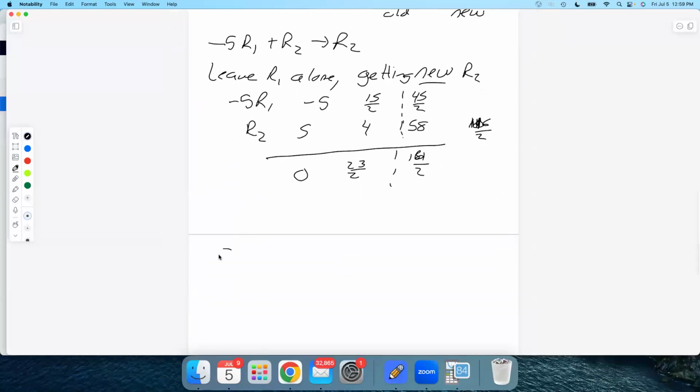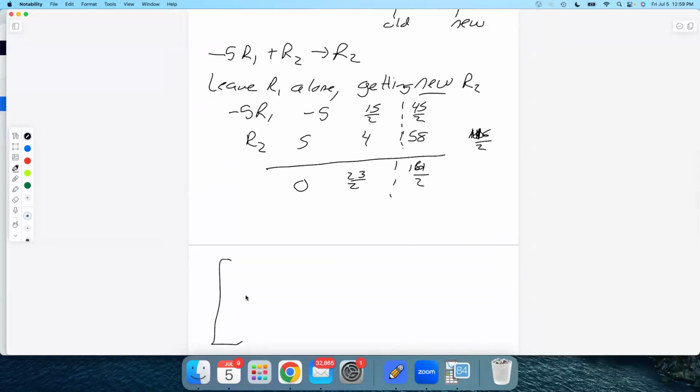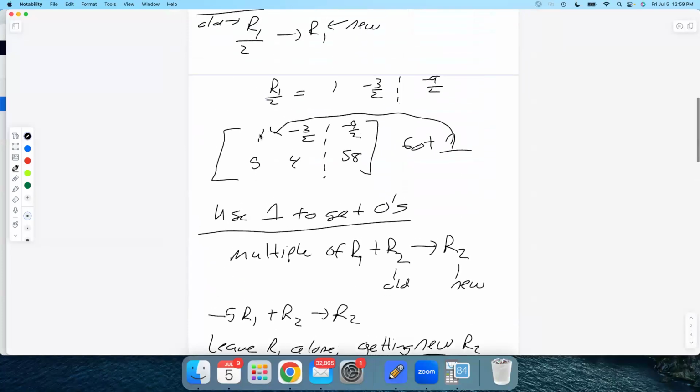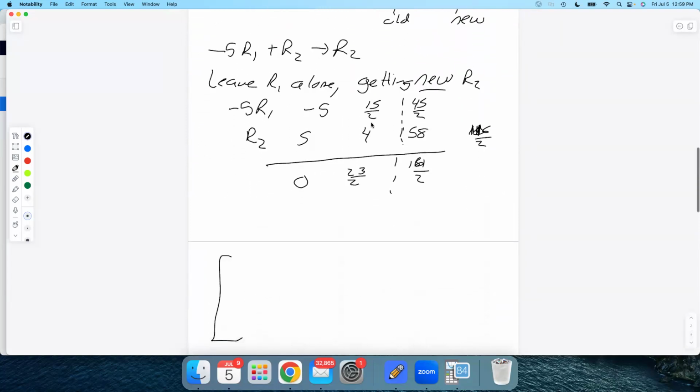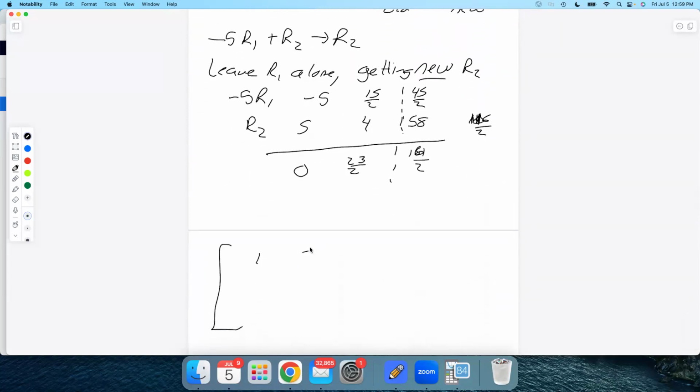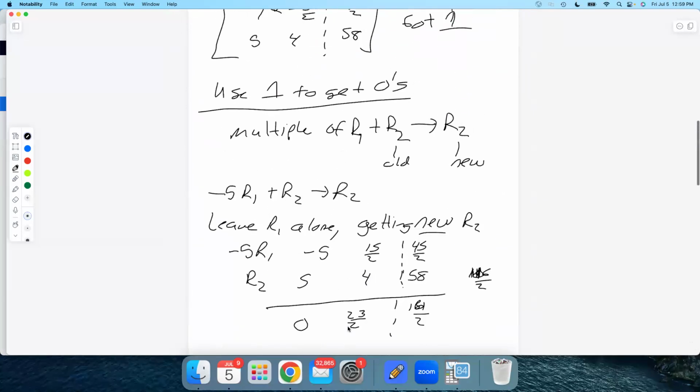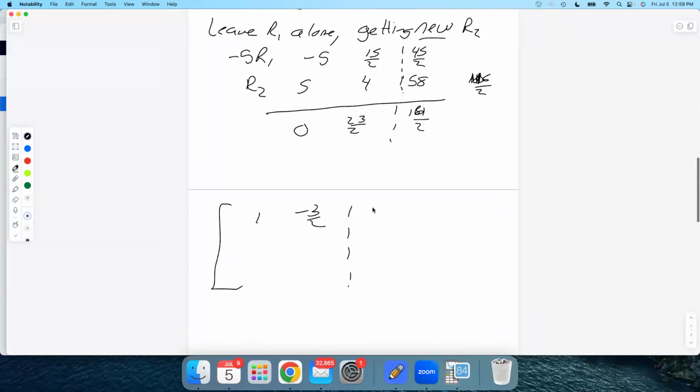So now let's rewrite our matrix. Row 1 stays the same. I used that 1 there to kill that 5, but I don't want to get rid of that 1. So that 1, negative 3 halves, negative 9 halves, 0, 23 over 2, 161 over 2.